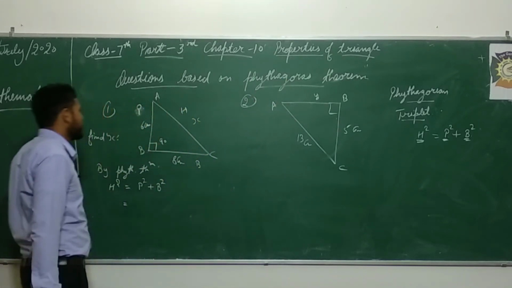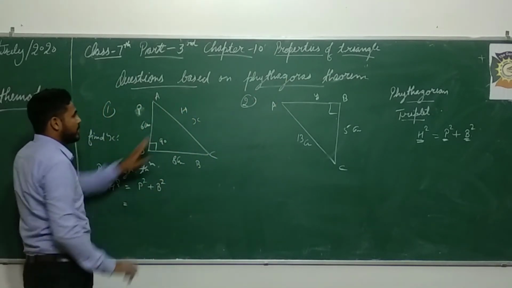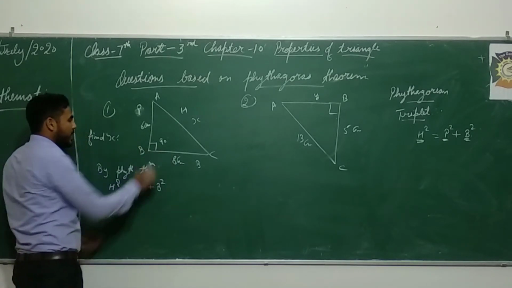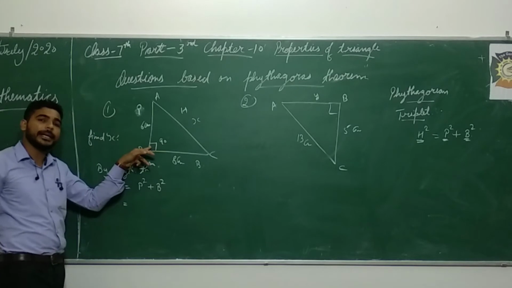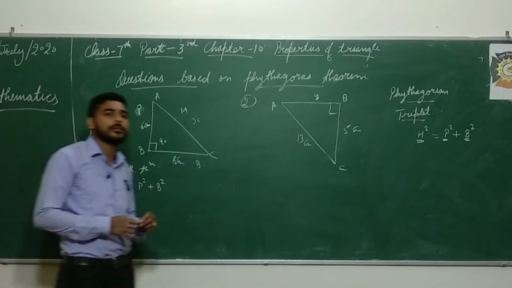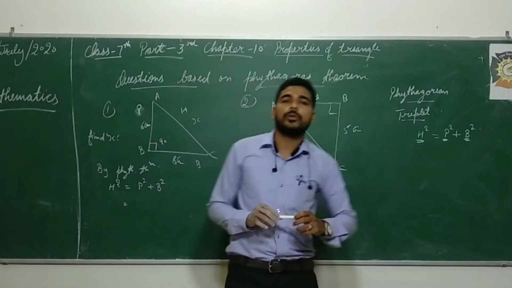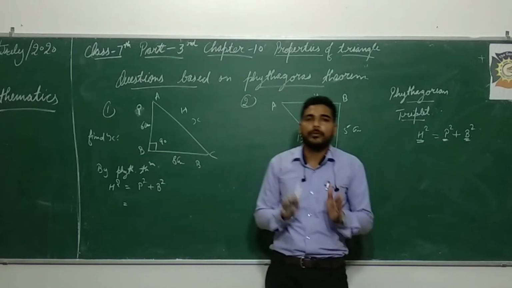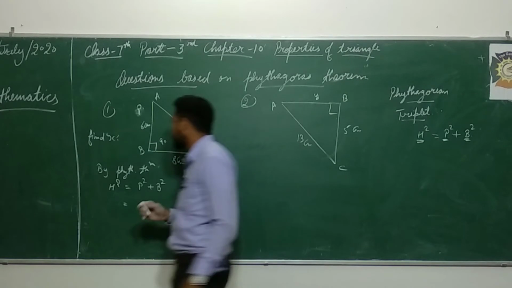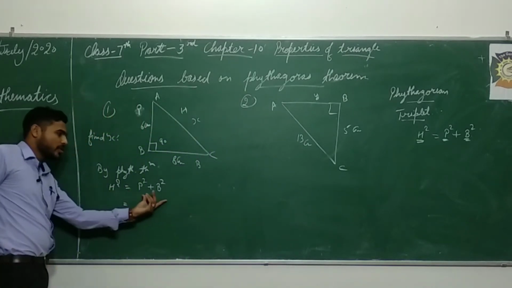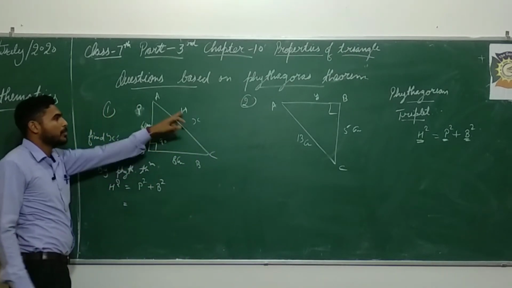The first question is, we have to find the value of x. First of all we see that one angle is 90 degrees. It means this is a right triangle, and we know that in a right triangle we can apply Pythagoras theorem. So by applying Pythagoras theorem, x square is equal to p square plus b square. Now put the values.